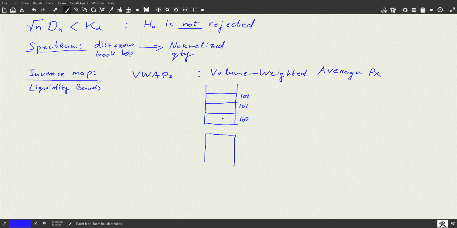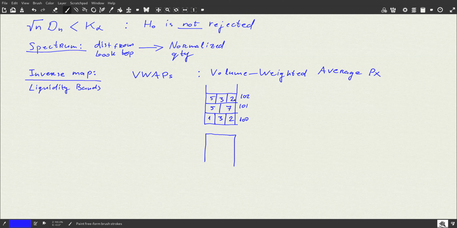At 100, there are contracts for the quantity 1, 3, and 2. At 101, there are contracts for 5 and 7. At 102, there are contracts, let's say, 5, 3, and 2.